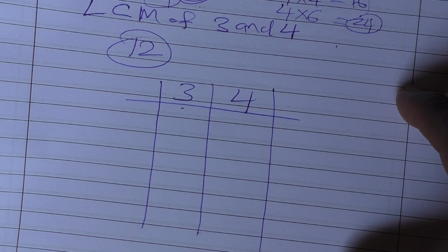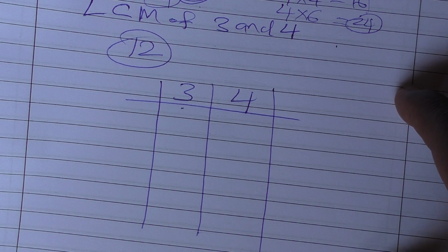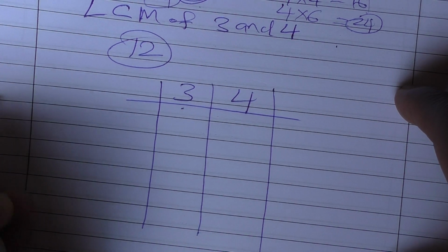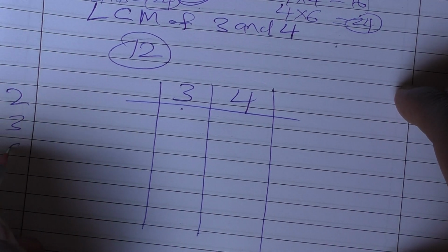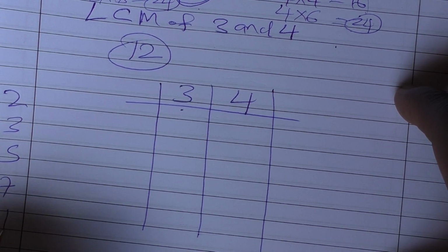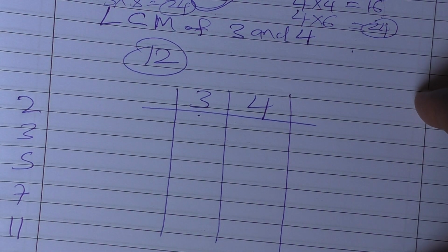But we divide using prime numbers. In our first lesson, we looked at what prime numbers are. These are 2, 3, 5, 7, 11, and so on. Those are prime numbers. So when we are using the ladder method, we use prime numbers.